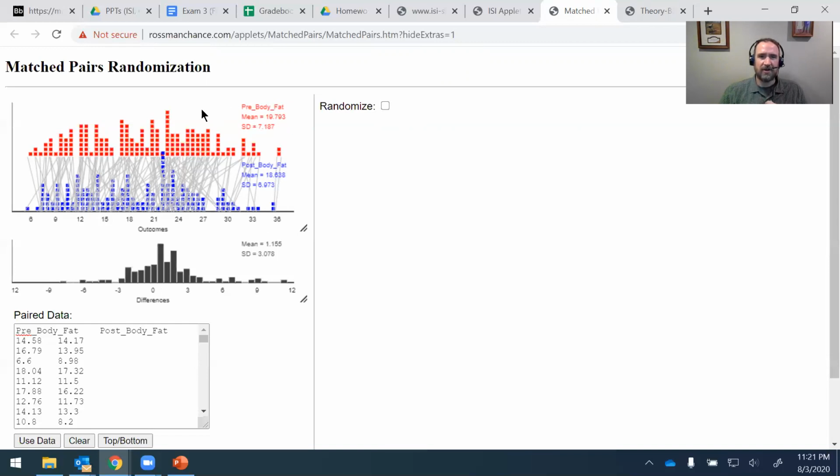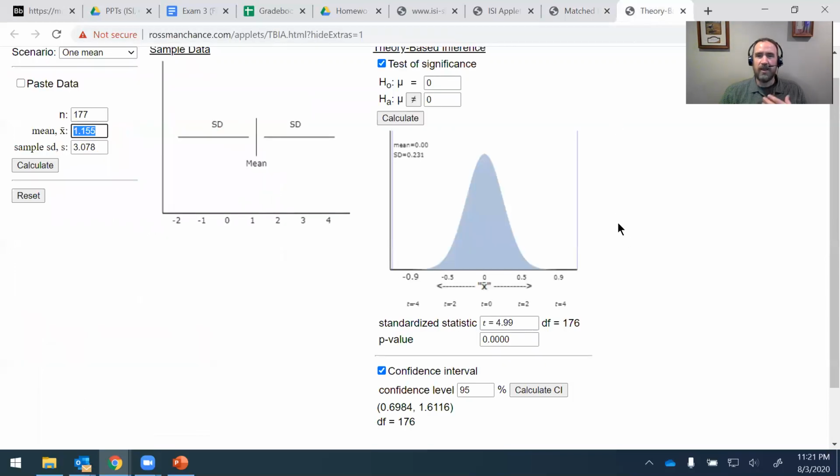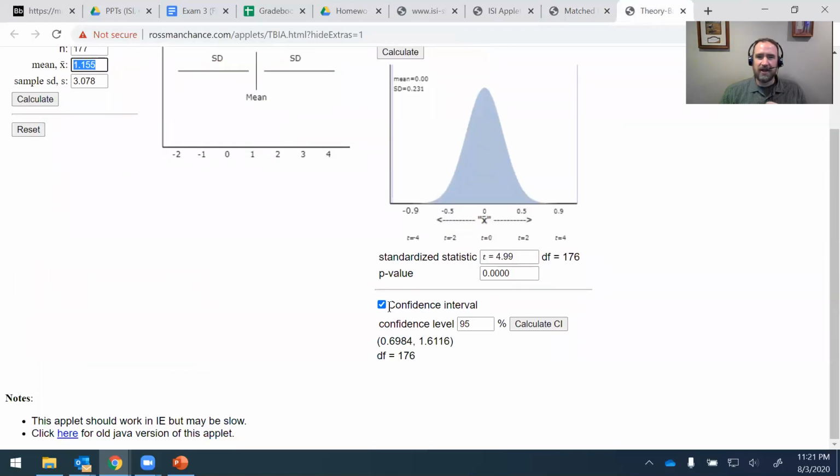It looks positive. In other words, it looks like students had higher levels of pre-body fat than they did post-body fat. How much higher? That's what the confidence interval can tell us. So we check on confidence interval here, and it says what we should expect to see as a difference in the population. So our parameter, the difference in the population, we feel 95% confident it's somewhere between 0.7 and 1.6.